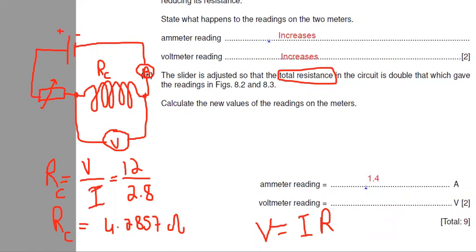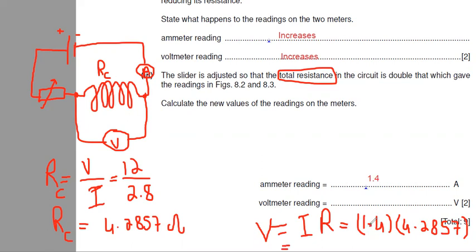So at this point we could use this piece of information, that the current will be 1.4. And what's the resistance of the coil? Here we are talking about the coil, so the resistance of the coil we already stated is 4.2857. So what will be the voltage across this coil now?